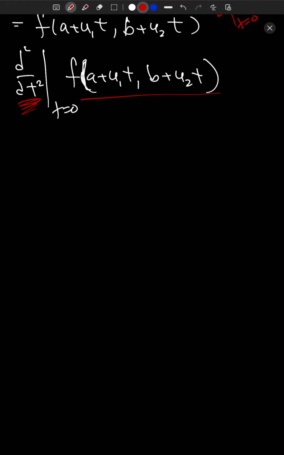All right, so let's do this. This is a very nice exercise in the chain rule, in the multivariable chain rule. So this is equal to d dt of, at t equals 0, I'll put in t equals 0 later maybe.